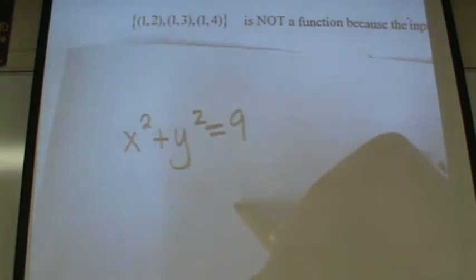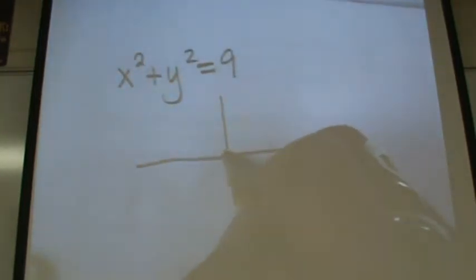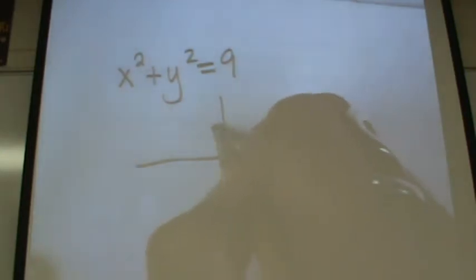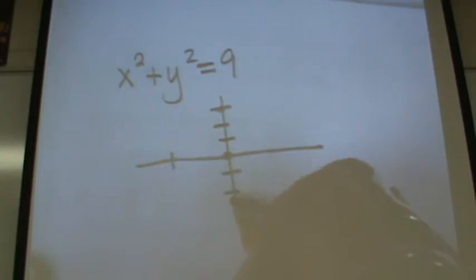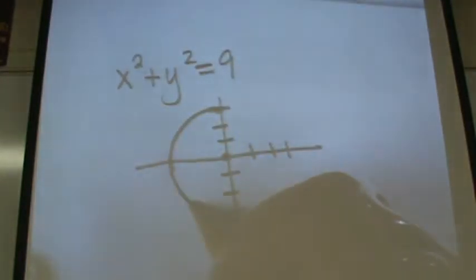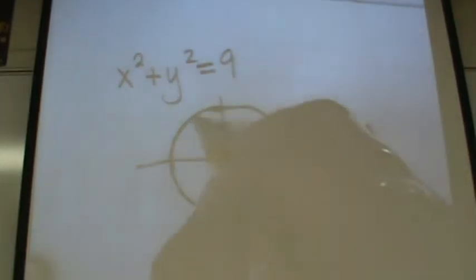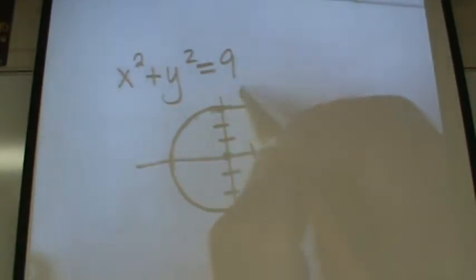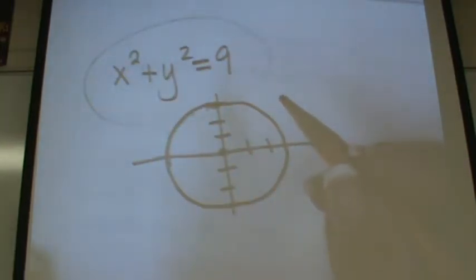We're comparing x's and y's. I know what this thing looks like. This is a circle, where the center is at the origin and the radius is 3. So this is what it looks like. Okay, that's the graph. All of these points lie on this, or satisfy this equation.